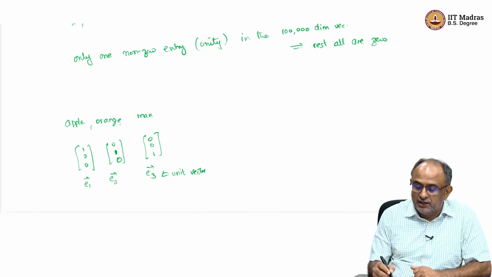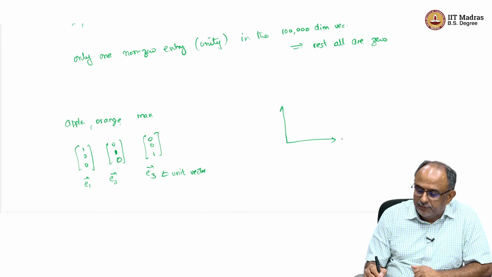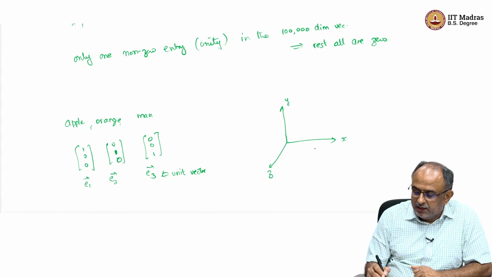In 3D I can plot it now, with an x axis, y axis, and z axis. This point is 1 0 0, this point is 0 1 0, and this point is 0 0 1.